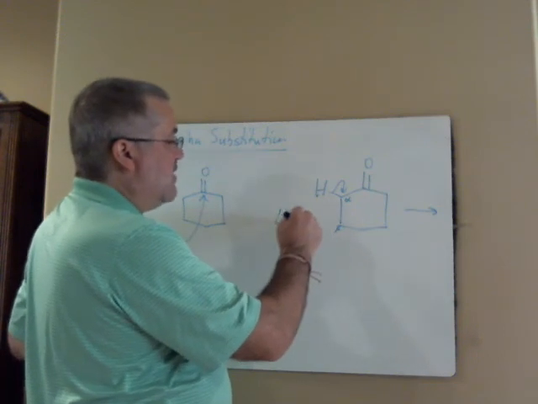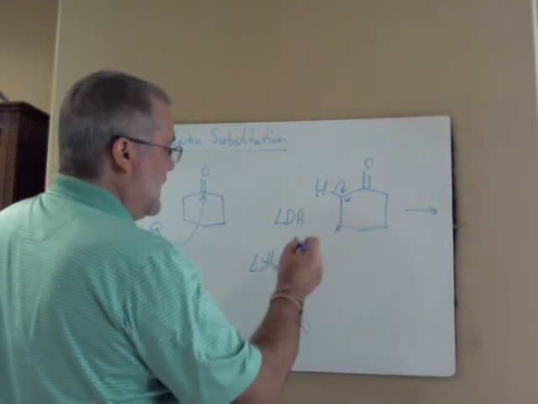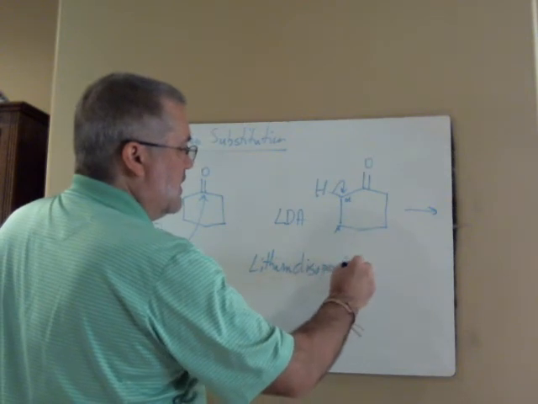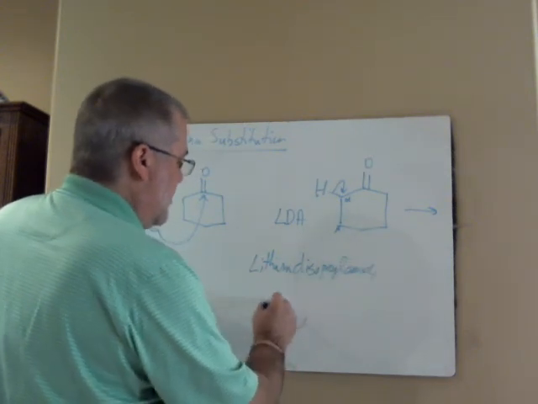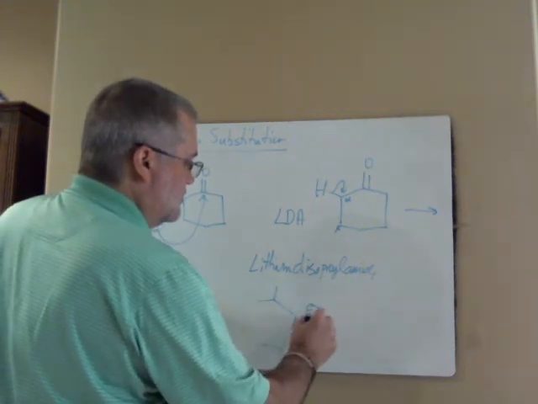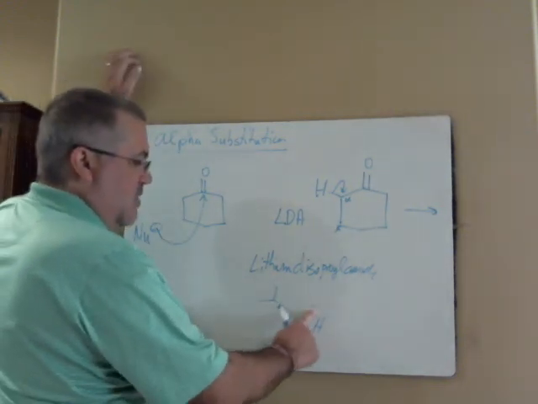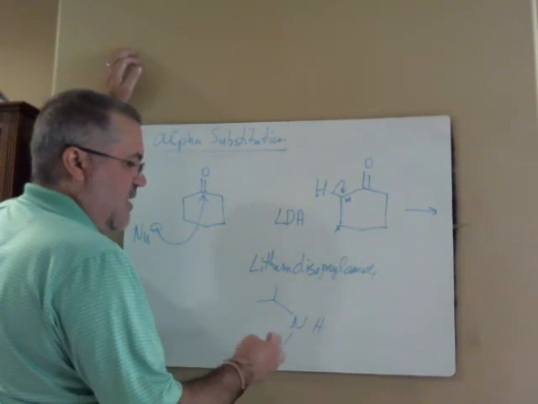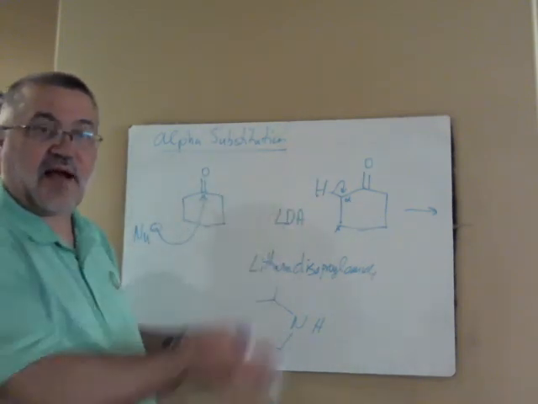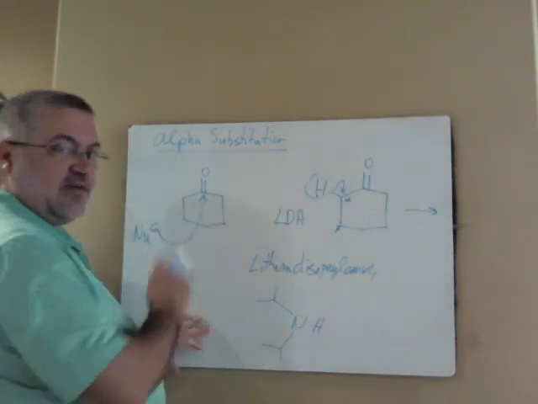And the one that you typically see used is abbreviated LDA, lithium diisopropyl amide, which is basically this. I'm putting the minus charge in there, emphasizing that it's going to behave as a base. It's so sterically hindered that it doesn't react well as a nucleophile. It's much easier for it to pluck a proton off than react as a nucleophile.